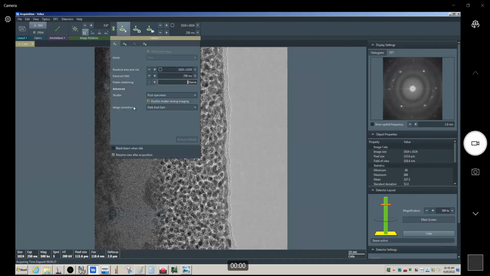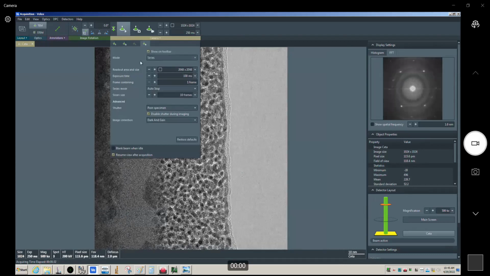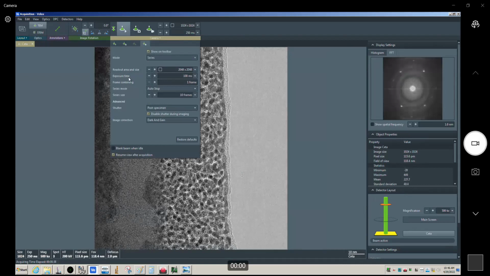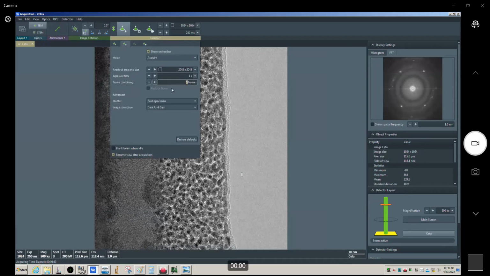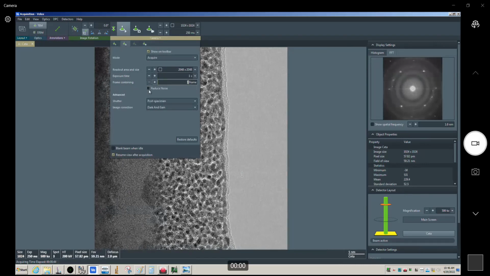If we go down to the last tab down here, we get into what's called the series mode. Basically the only difference between series mode and acquire mode with frame combining, I'm going to put this back obviously to 1 frame 1 second.